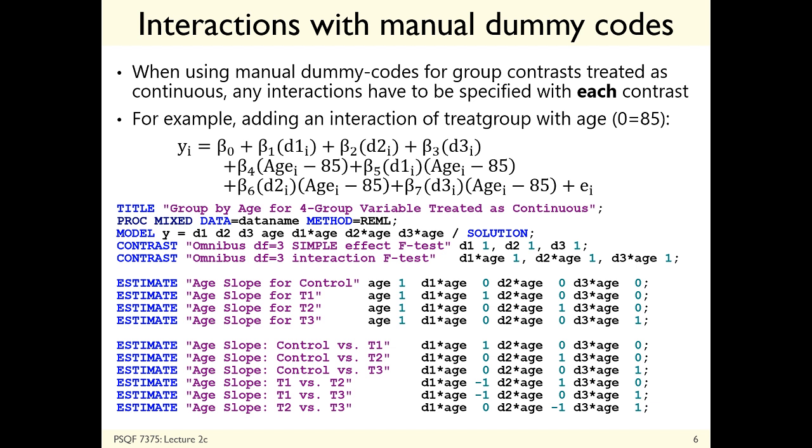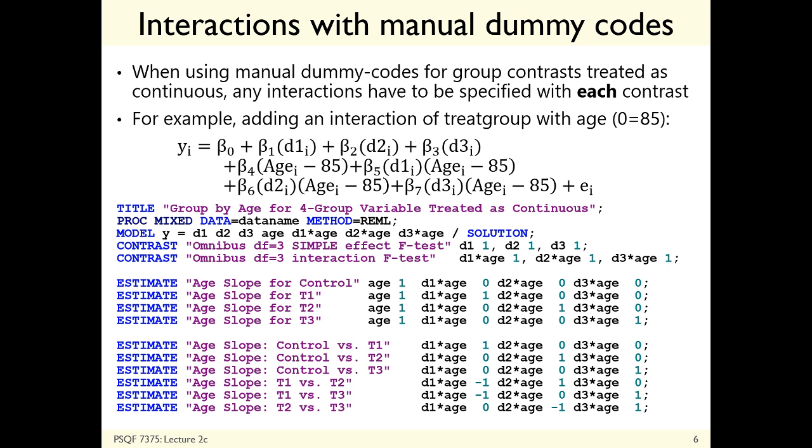B4. Beta 4. That's what age 1 means. It means, how do I get to the effect of age that's predicted by the model? Well, we start with the simple main effect of age. That's what it is for the control group. Then we would have to augment it by how the effect of age differs in each of the other groups to get to what it is in each group.